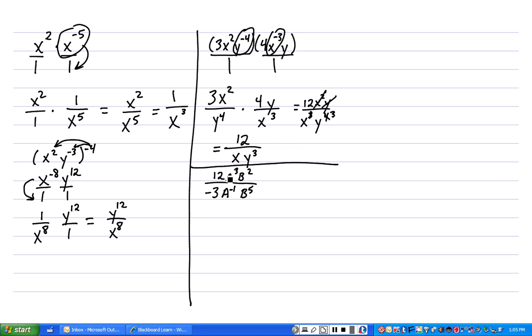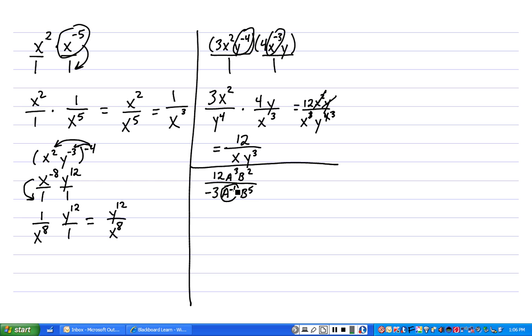Okay, now everything other than this a to the negative 1 is in positive exponential form. Alright, I'm not worried about this negative 3. This negative 3 is an integer. I only worry about the negatives when they're attached to exponents. So this is all I'm worried about right here. I'm not worried about this negative 3, only worried about negatives that are attached to exponents.